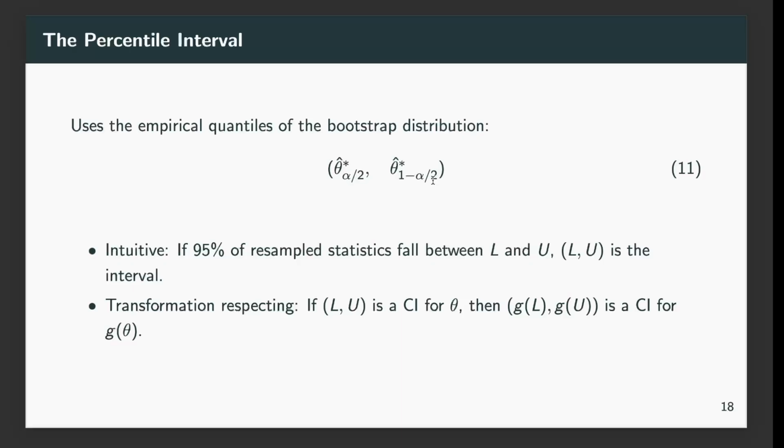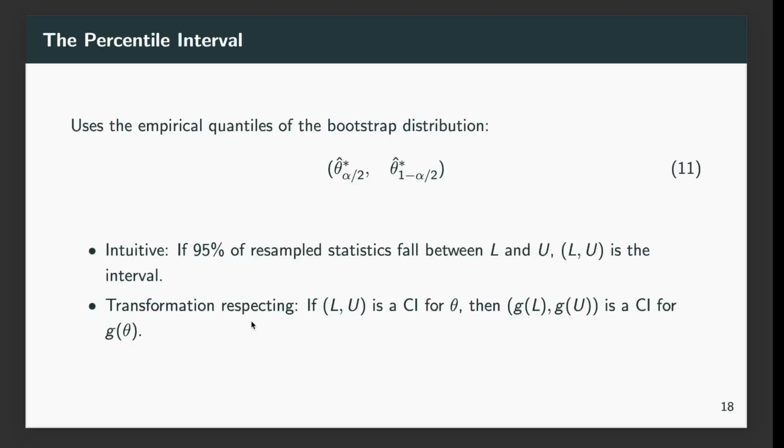So what is the advantage of this percentile interval? It is intuitive. If 95% of the resample statistics fall between L and U, where L and U is the interval, so if the Bootstrap distribution of the θ̂* is concentrated between L and U, then we are confident that θ should lie in this range.